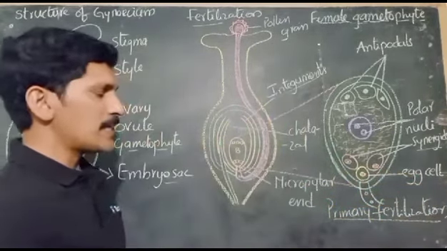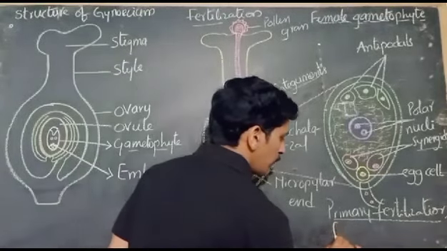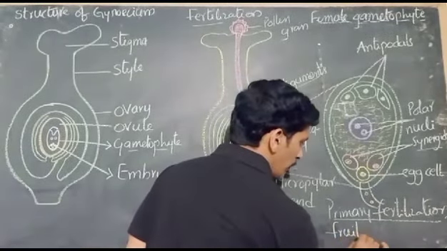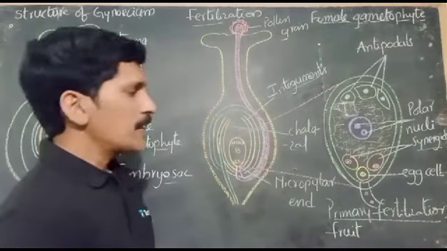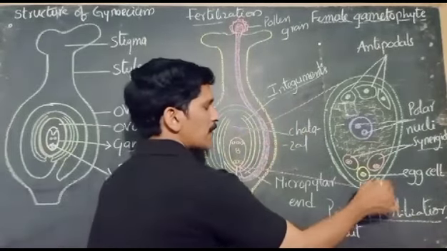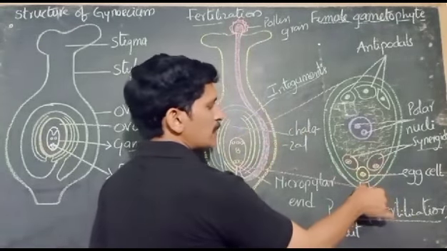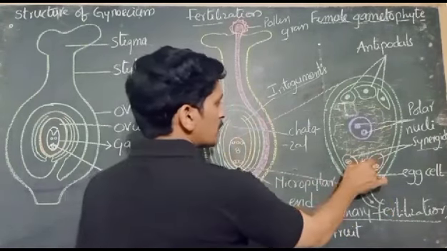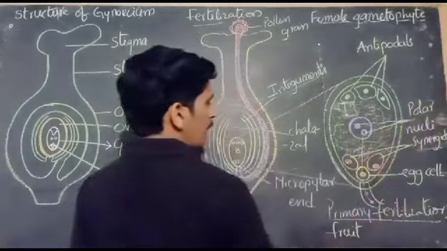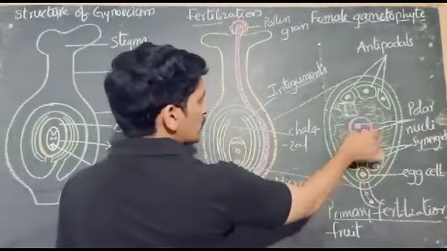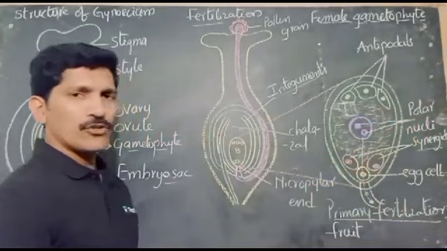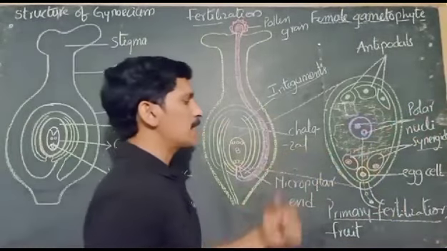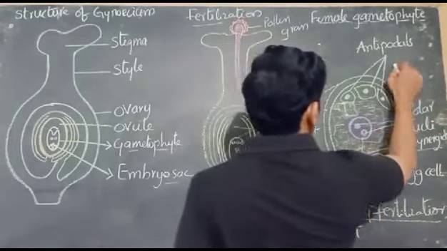Primary fertilization results in the formation of the zygote, leading to the fruit. Later, one more nucleus is there. After this fertilization, the other nucleus enters the female gametophyte and fuses with the polar nuclei. The 1 nucleus fuses with the 2 polar nuclei, and that results in secondary fertilization.